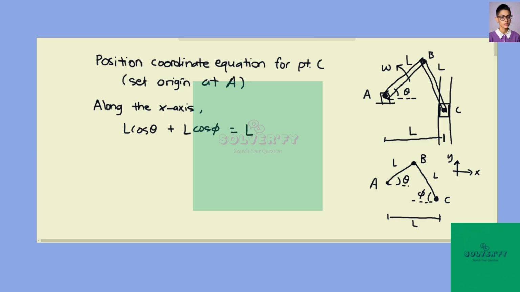Because the horizontal distance from A to C is L, there's a part from L cosine theta and a part from L cosine phi, and when they sum together they equal L. So you can remove the L and you get cosine theta plus cosine phi equals 1.